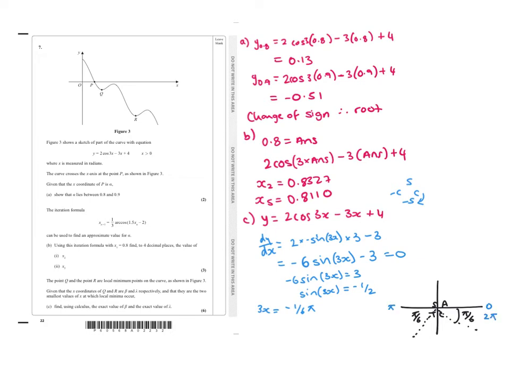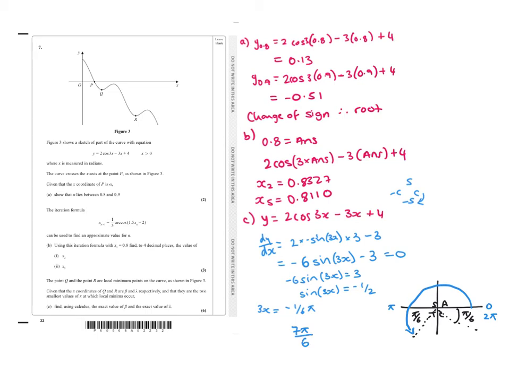So if I go around, starting here, my first solution is pi plus pi over 6, which is going to give me pi plus pi over 6, which is 7 pi over 6.